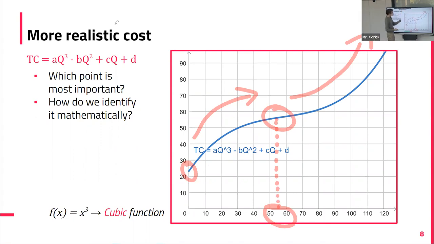And how can we identify that one mathematically? Something about slope? So this slope will not reach 0. We can see it's not going perfectly flat. Okay, what it will do is go close to 0.